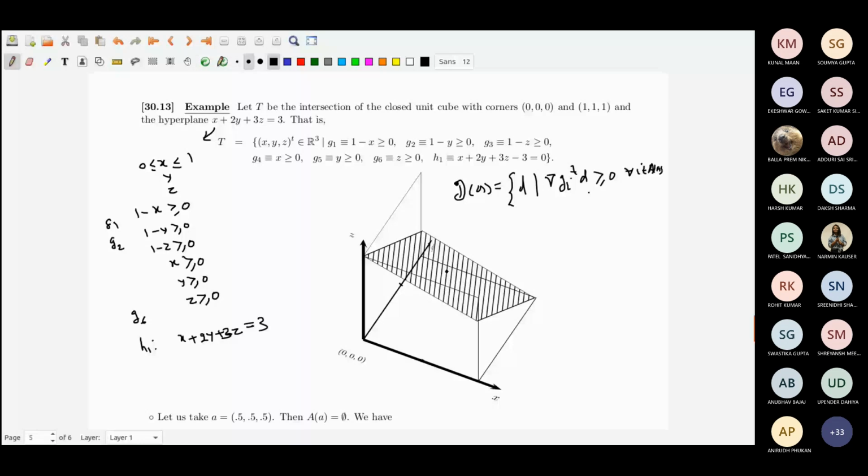I only have to see the set of all D such that grad H1 transpose D is equal to 0.